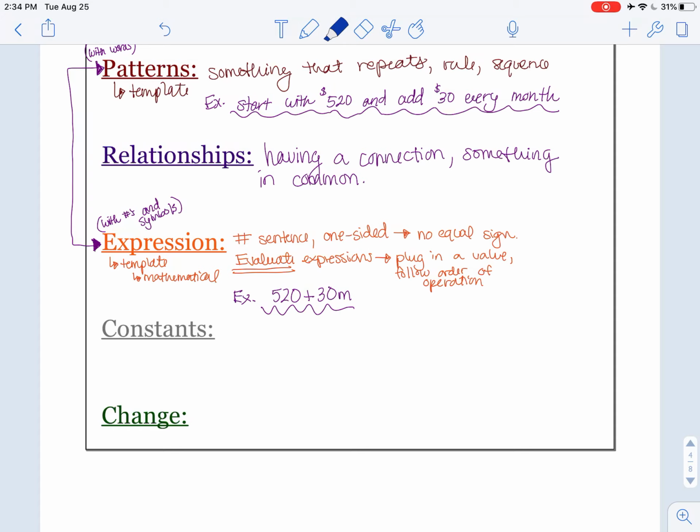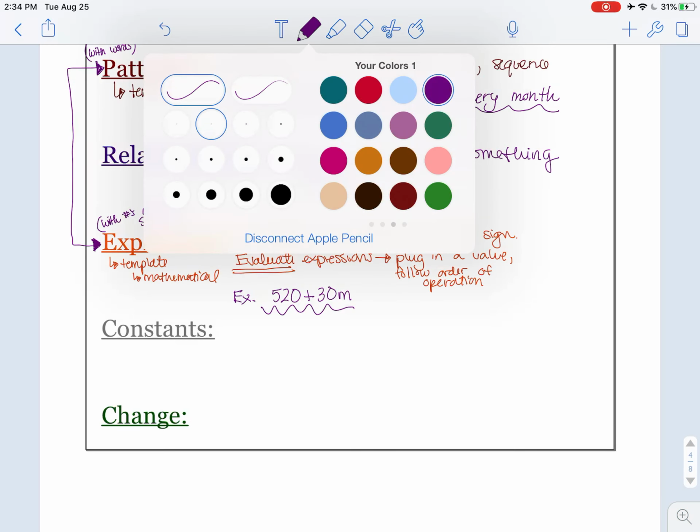So that's the relationship between patterns and expressions. They're the same thing, but one is in words and one is in numbers and symbols. And the reason that this is important is because when I can find what my pattern is in words, it can really help me build that expression without just trying to start with numbers in the first place.